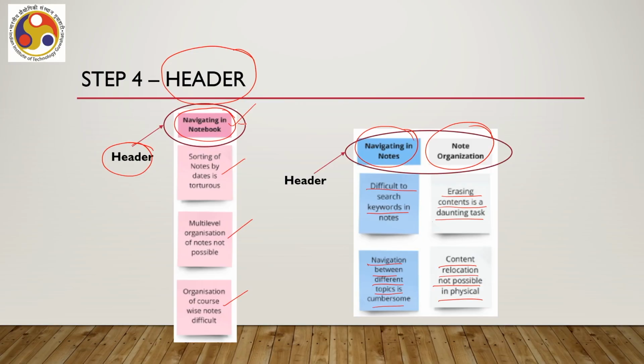So, navigation in notebook, navigation in notes or note organization, all these are headers. Note that these were not there in the initial ideas, but these came after the ideas were gone through, ideas were understood, ideas were moved around to organize. So, once the organization is done, then only this header business comes into the picture. So, that is step 4.